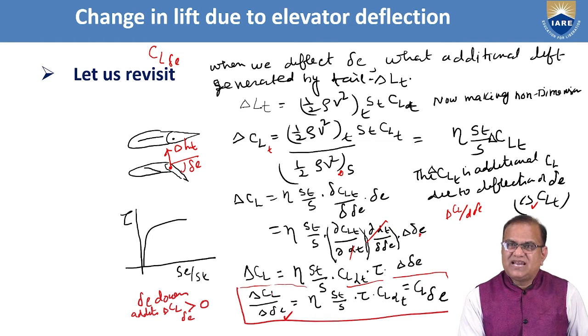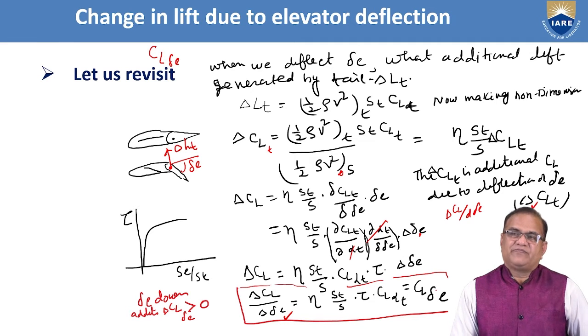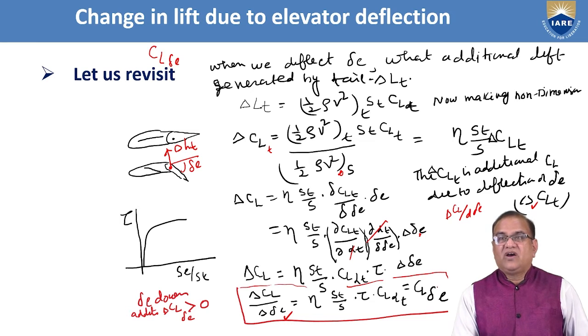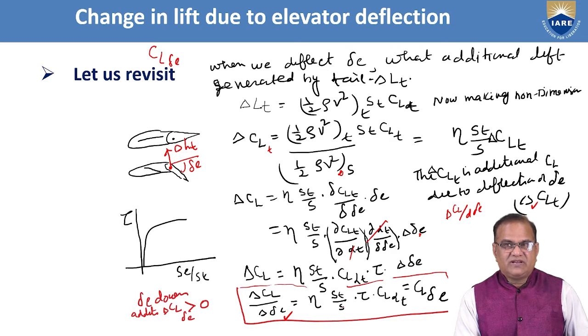So now dCL by d delta E is equal to eta ST by S tau into CL alpha t, and this is called CL delta E. So we got this equation for the derivative CL delta E, and it is very important to understand that this derivative is directly related to the area ratio of the tail versus wing.